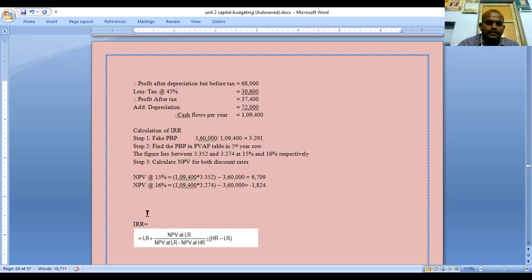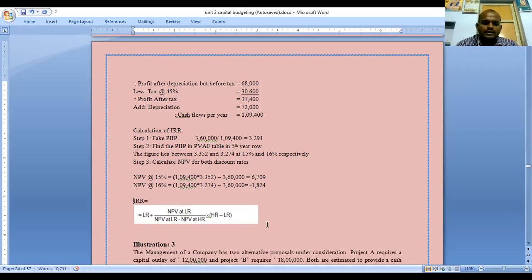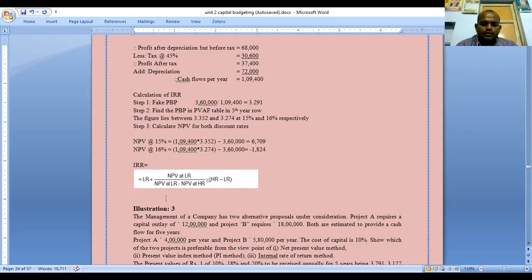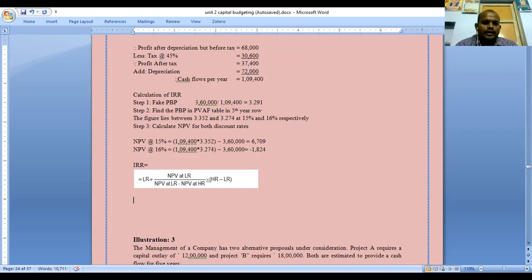To interpolate these two percentages, we have to use this formula. IRR is equal to lower rate plus NPV at lower rate divided by NPV at lower rate minus NPV at higher rate into the difference between higher rate and lower rate.